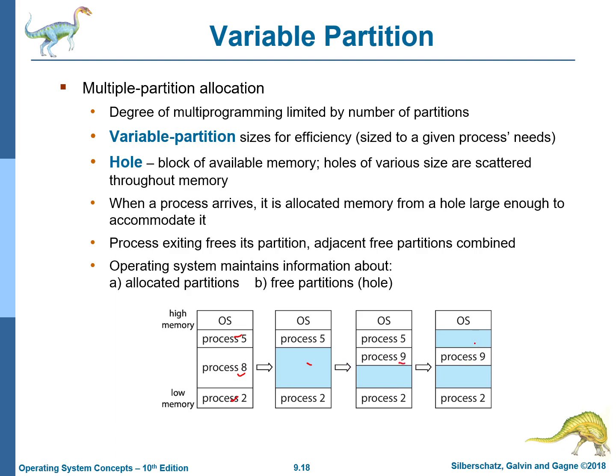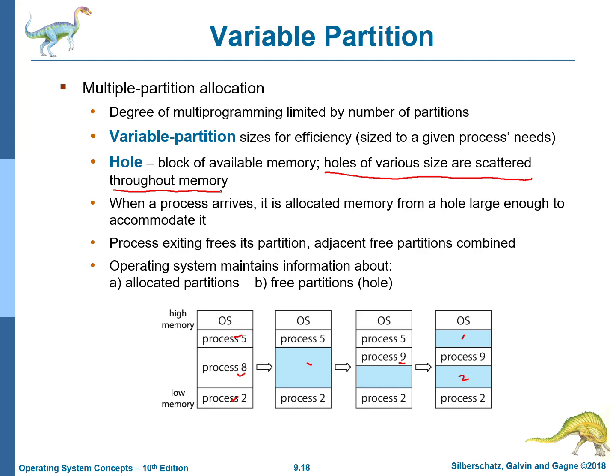But if process 5 has finished, now we have two holes which are free, but they cannot be utilized by a big process because they are not contiguous in nature. So the problem is that holes can be scattered throughout the memory.